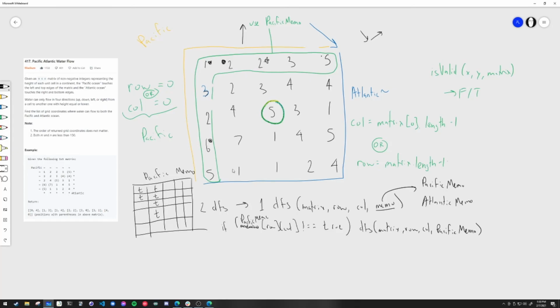So we go back to 4. And from 4, we can go to 5. And then from this 5, we can't go anywhere. So we go back, we go up. And from this 2, we can go to 3. Then we go to 4. And we go to 4. And we're done there.